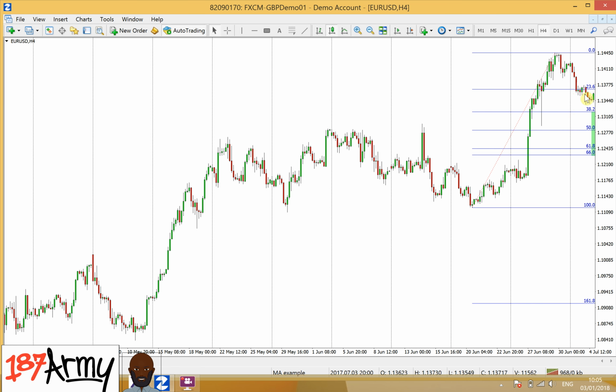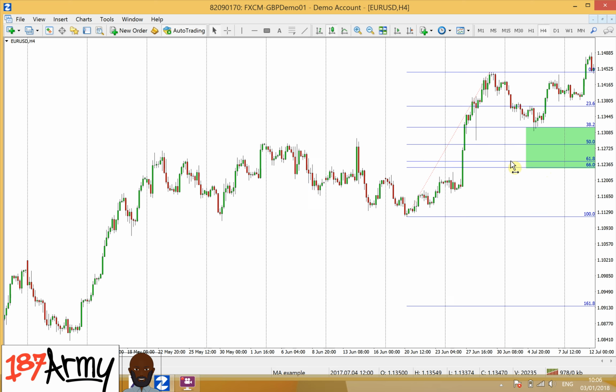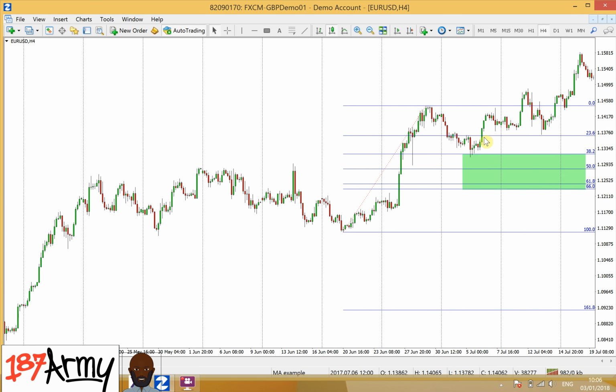So you've marked out your Fibonacci, and according to your Fibonacci, you would say once price enters my marked out level, which is between 38.2 and the 66.0 level on the Fibonacci, I will look for some bullish signs. And as you can see, there was a spinning top followed by the next candle being a bullish candle, which is a bullish candlestick formation.